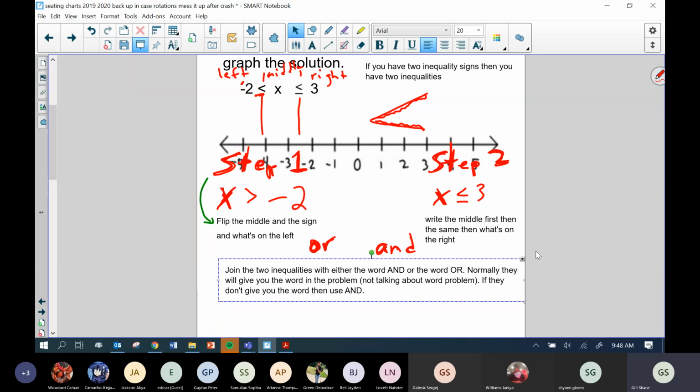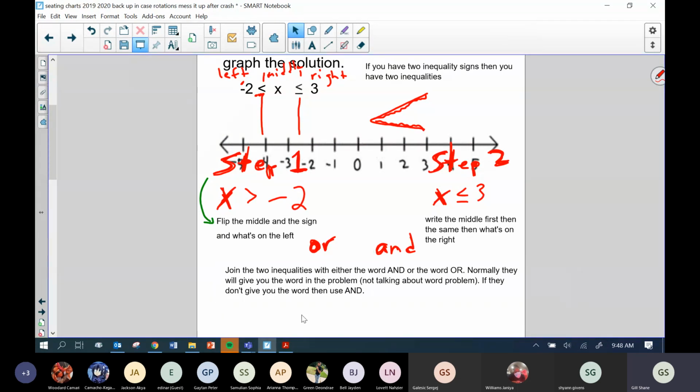So you'll see some examples that we'll do on the worksheet, and if you just write this down right now, you'll see some examples and it'll start making a little more sense. So in this particular problem, they don't give us a word, they just give us a bunch of symbols and variables and numbers. So we need to use the word and. So this would be an and problem.